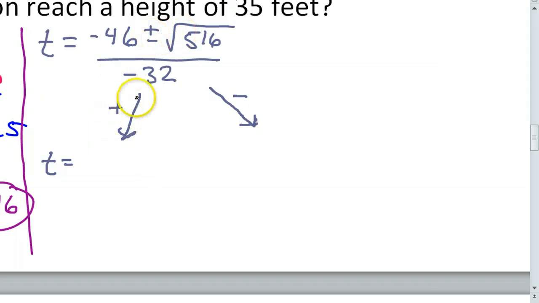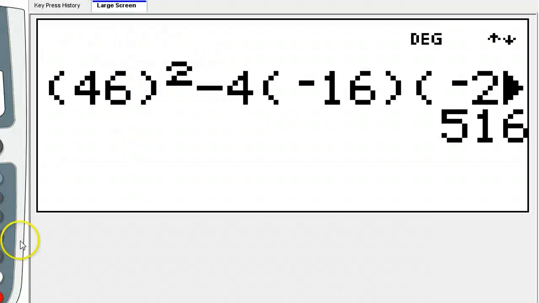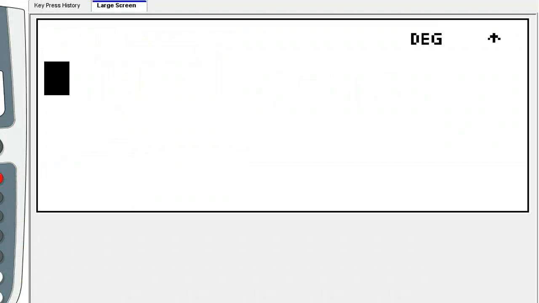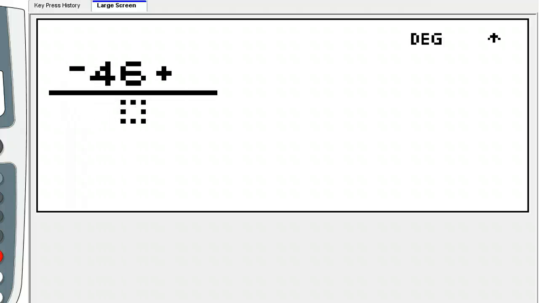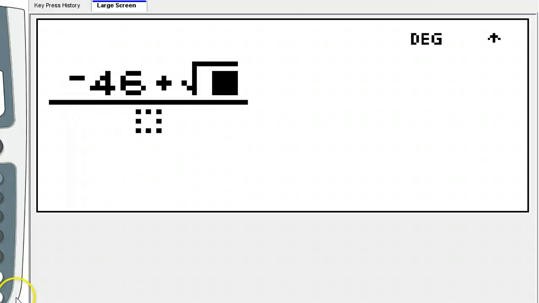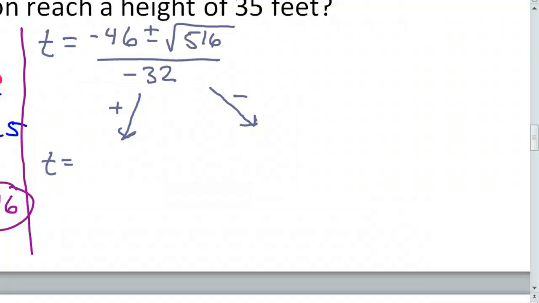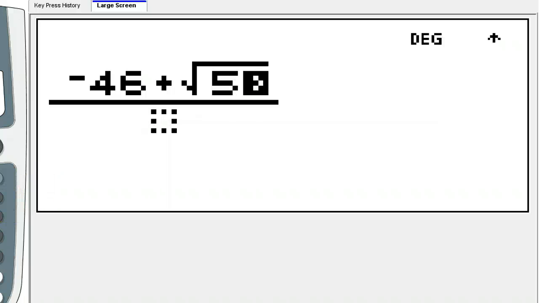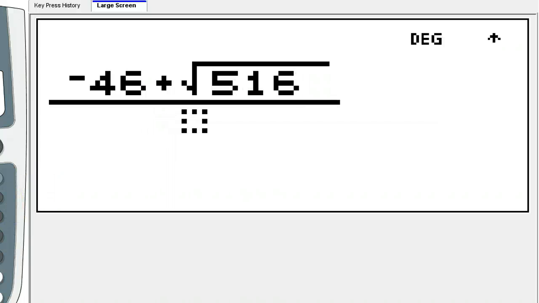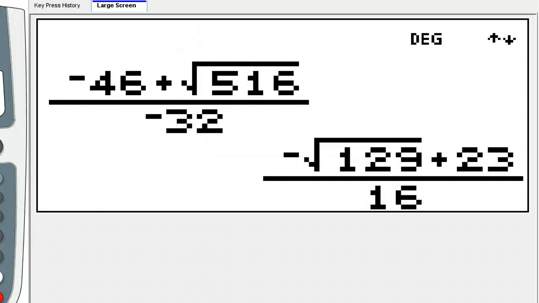Okay, so let's do it with a plus first. So negative 46. Go into fraction mode right away. So negative 46 plus square root of, what was it, 512? Yeah, 516. I'm glad I checked. And then it was over negative 32, right? Because that was 2 times negative 16. And let's just hit enter.